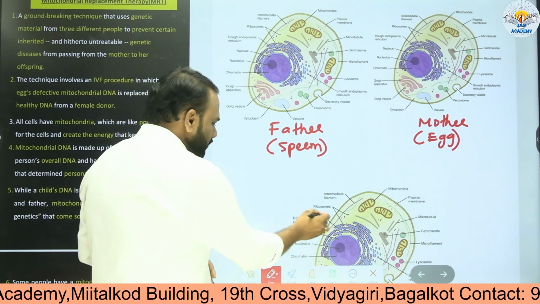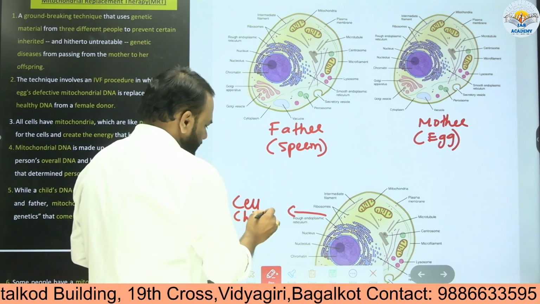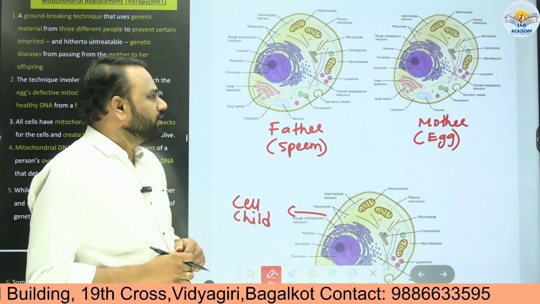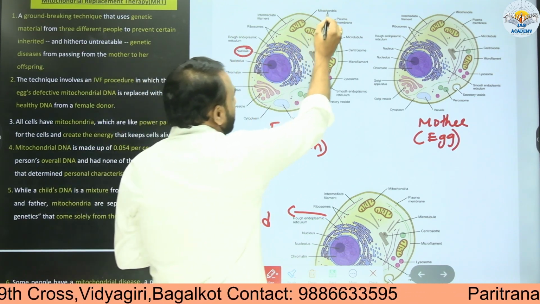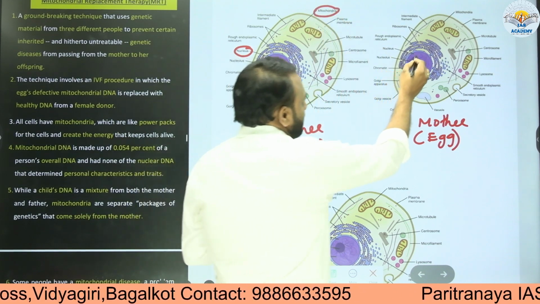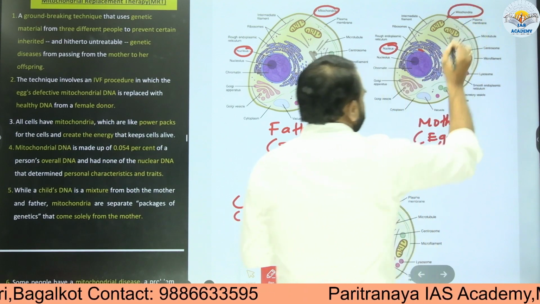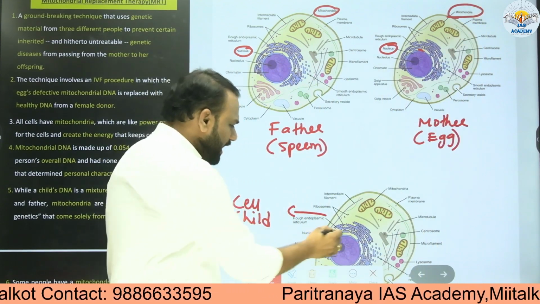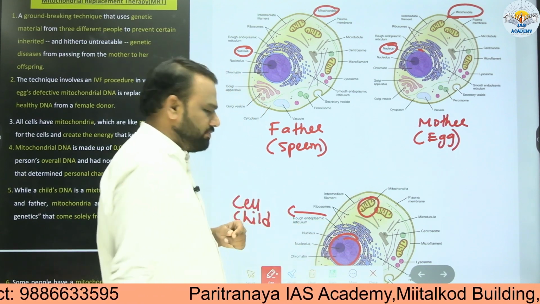Now this is the cell of the child. In the father we have a nucleus and mitochondria. In the mother we have a nucleus and mitochondria. The child has a nucleus and mitochondria.